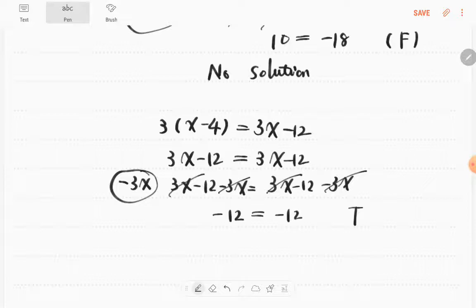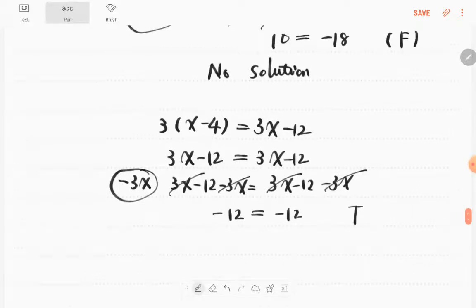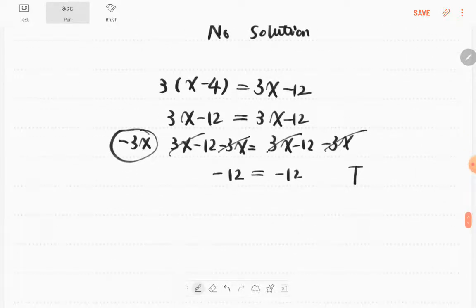So if two sides are identical, then we will say every real number is the solution. This statement is always true, and there's no x involved. So if we check this step, you already realized the two sides are identical to each other.